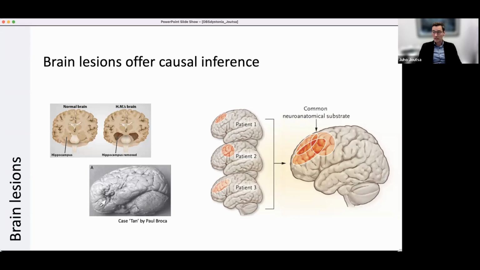For example, case HM, Henry Molaison, had severe epilepsy, which did not respond to other treatments. He went through an operation where both of the medial temporal lobes were resected, so taking out both of the hippocampi. And after the operation, Henry was no longer able to make any long-term memories, informing us about the critical role of hippocampus in human memory functions.